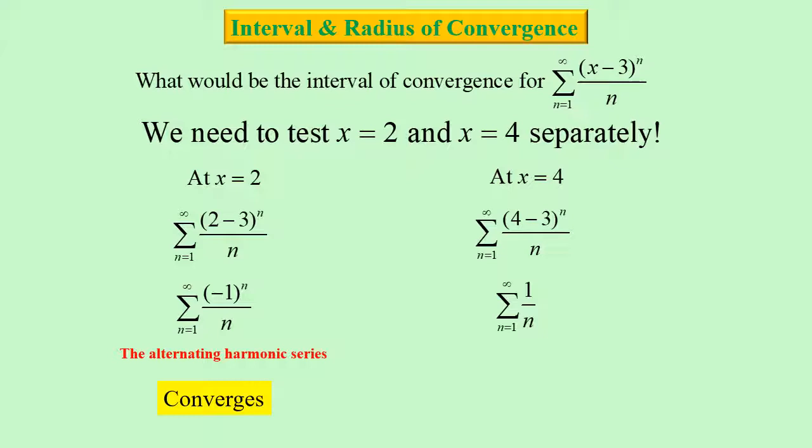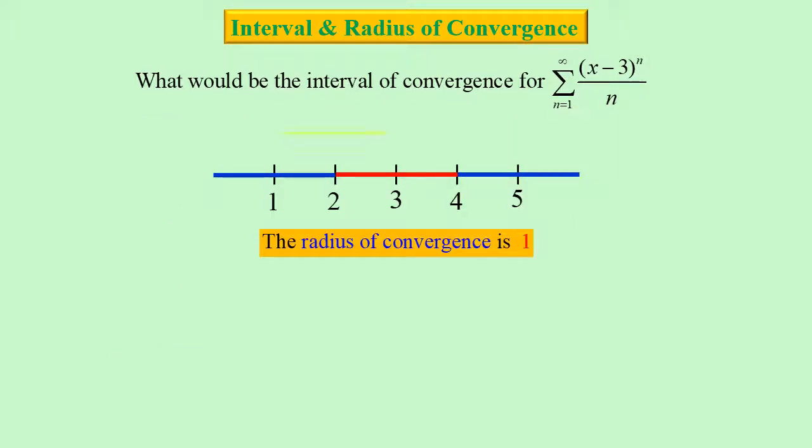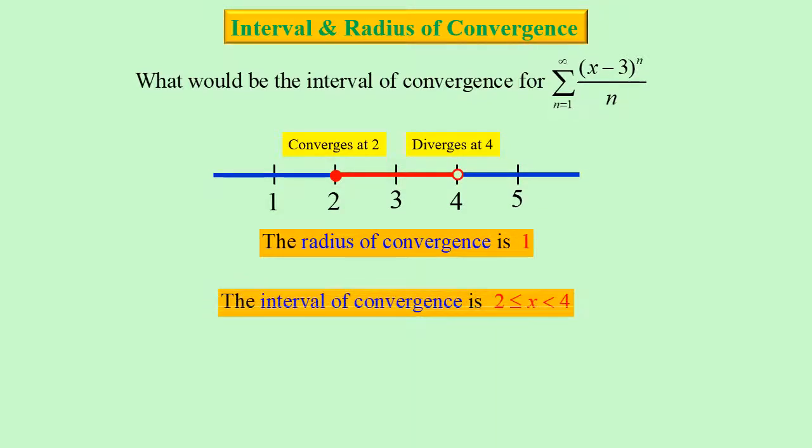The harmonic series diverges, and we find the interval of convergence to be 2 included and 4 not included.